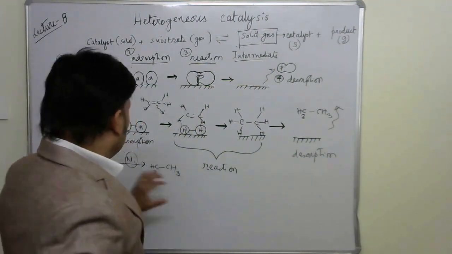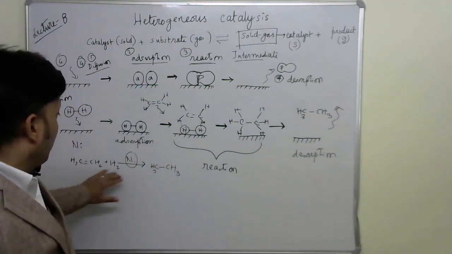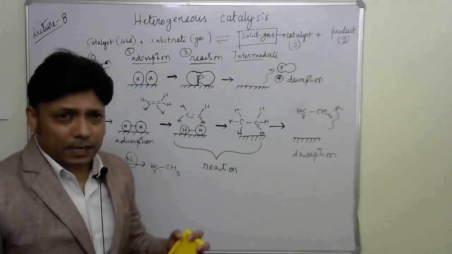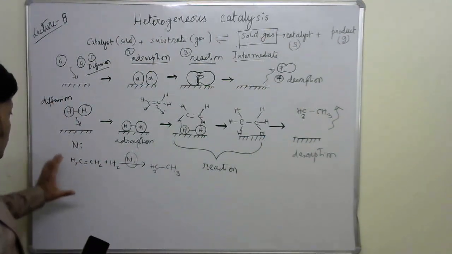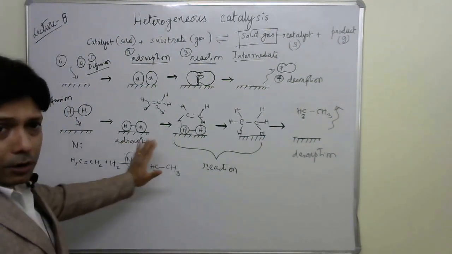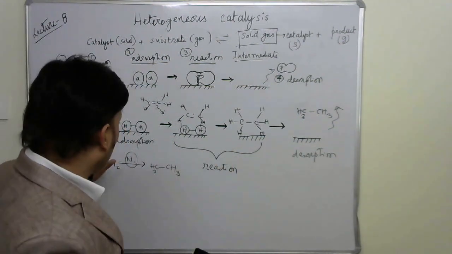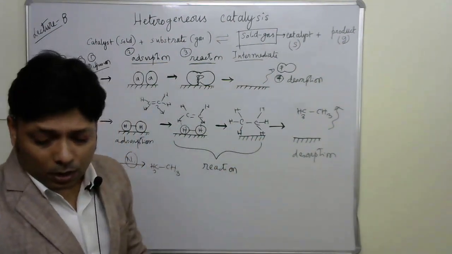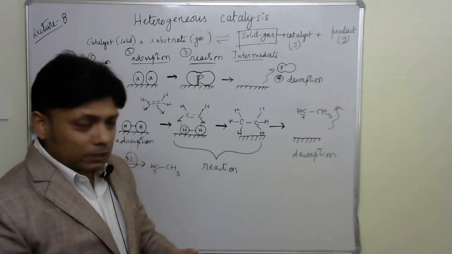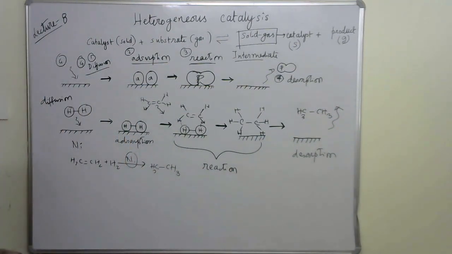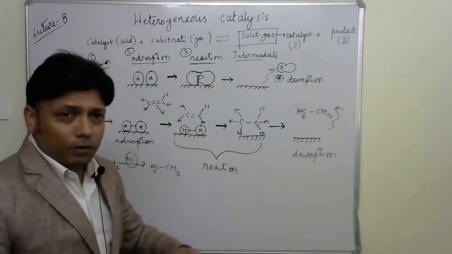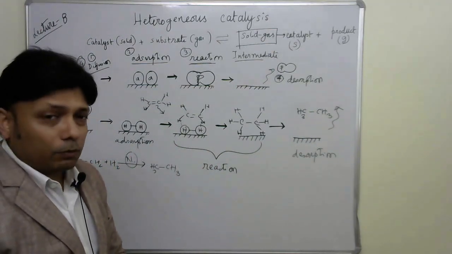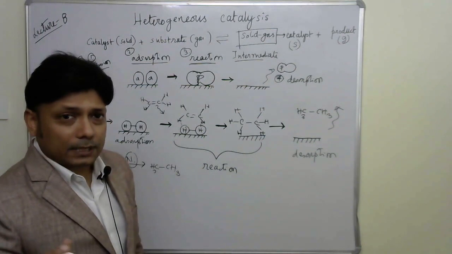This is a chemical reaction that takes place industrially, and we need a special kind of nickel surface for this reaction, but we are not going into the details of that. Just remember, these heterogeneous reactions are very important industrially, and we will find some important examples later.